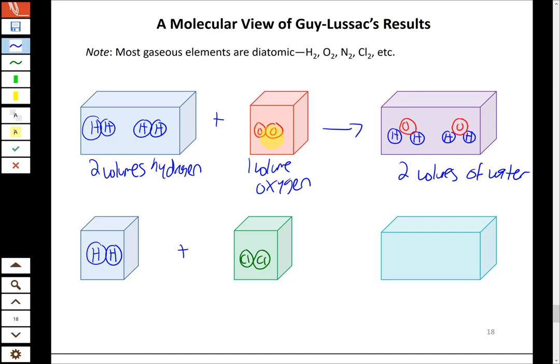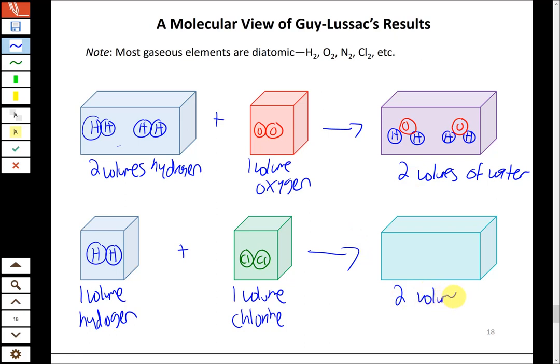So hydrogen and oxygen react 2-to-1, but hydrogen and chlorine react 1-to-1. So if you have 1 volume of hydrogen, it will react with 1 volume of chlorine, but they will form 2 volumes of the product, hydrogen chloride.